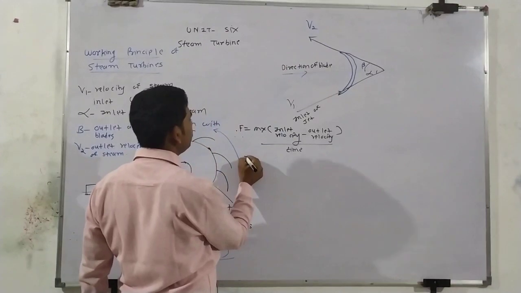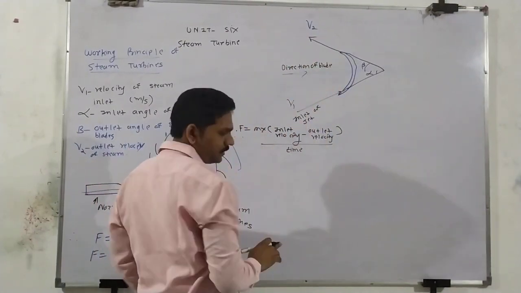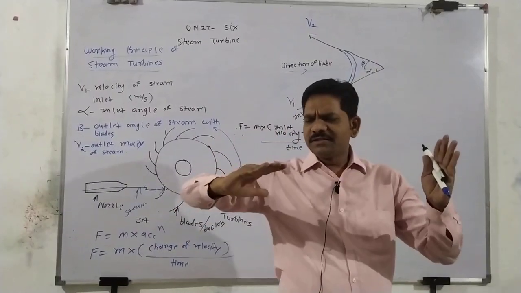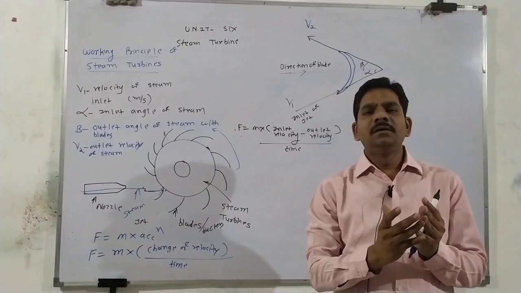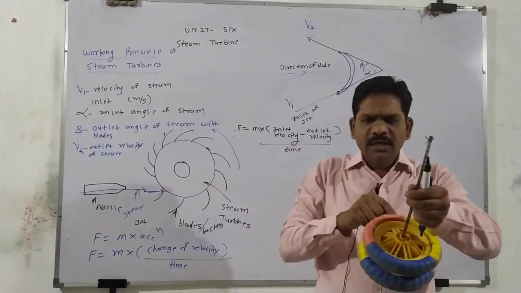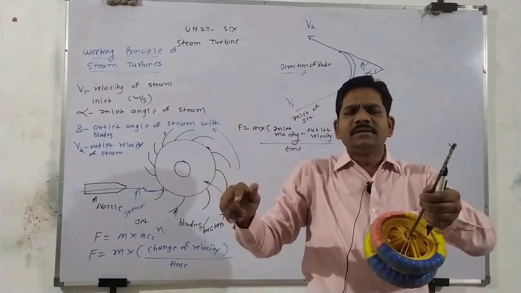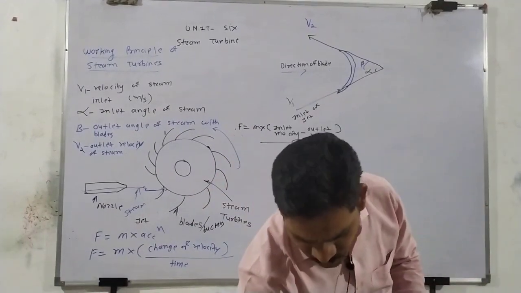Inlet velocity means when the steam strikes, the turbine rotates with one whirling velocity. Then after the steam leaves the turbine blades, the turbine has another velocity.